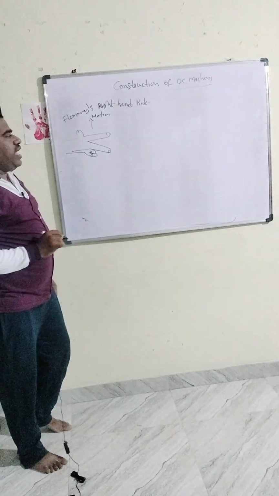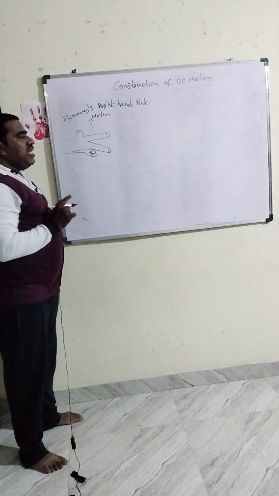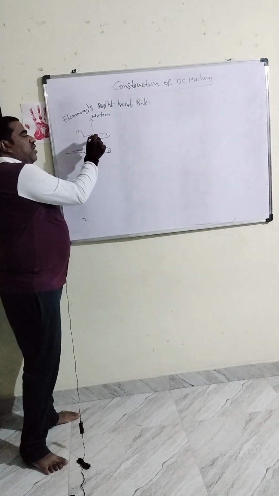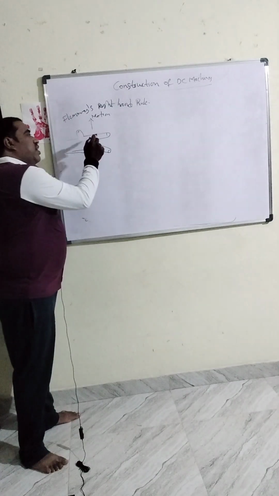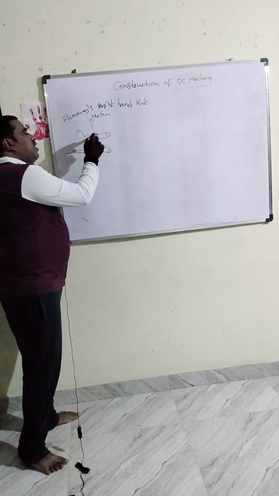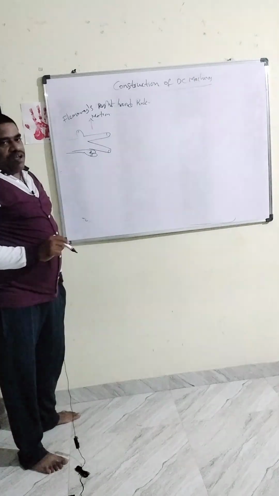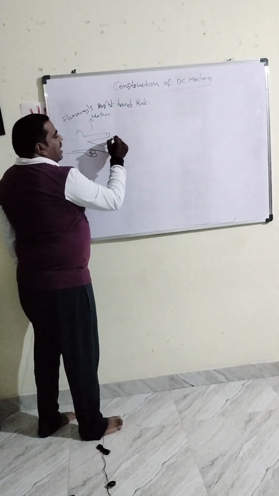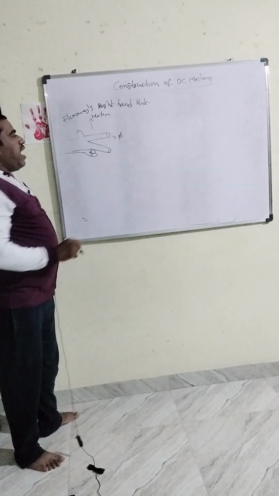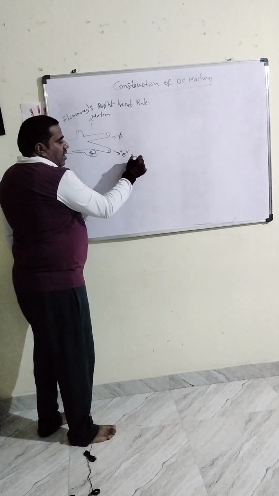Just stretch out the 3 fingers named as thumb, forefinger and middle finger, each mutually perpendicular to the others. So the thumb will indicate the direction of motion, and this forefinger will indicate the direction of the flux, and this middle finger will indicate the direction of EMF and hence current.